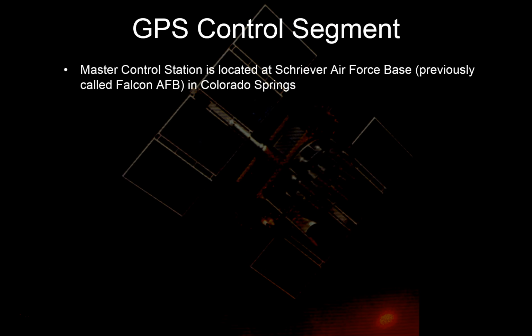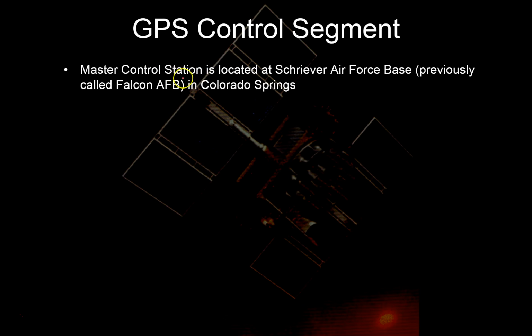GPS is most broadly classified as containing three segments. The first segment we call the GPS control segment. This is the network of infrastructure that exists to keep GPS afloat, meaning keeping the system working up in space. It's military owned and operated.